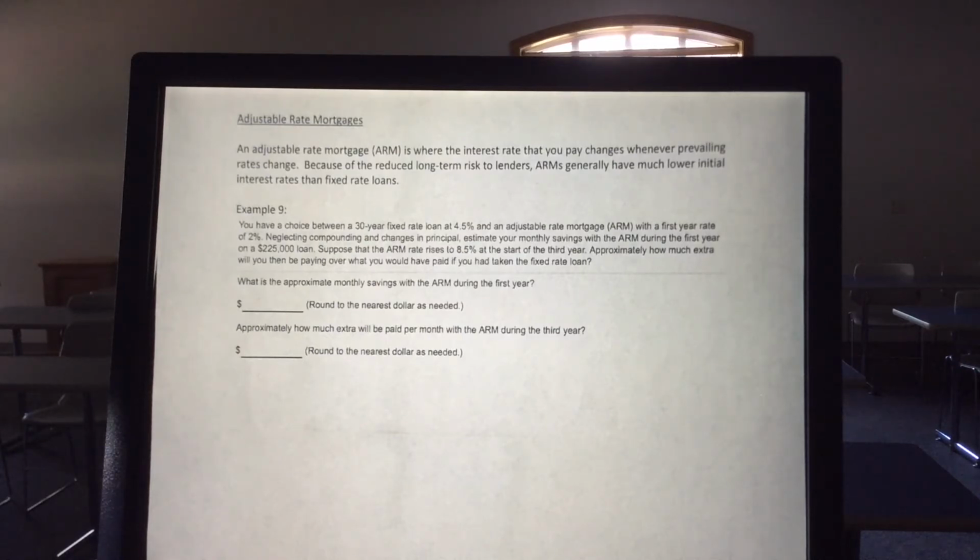Suppose that the ARM rate rises to 8.5% at the start of the third year. Approximately how much extra will you then be paying over what you would have paid if you had taken the fixed rate loan? Let's start with the approximate monthly savings with the ARM during the first year.